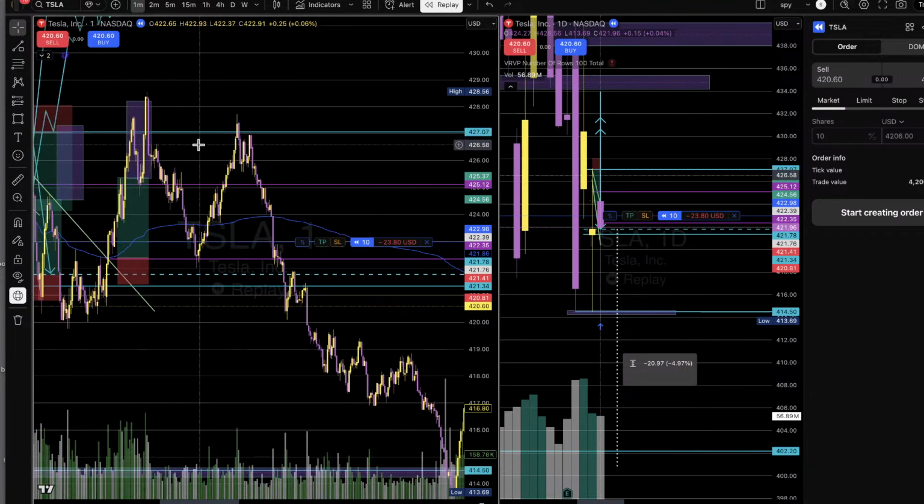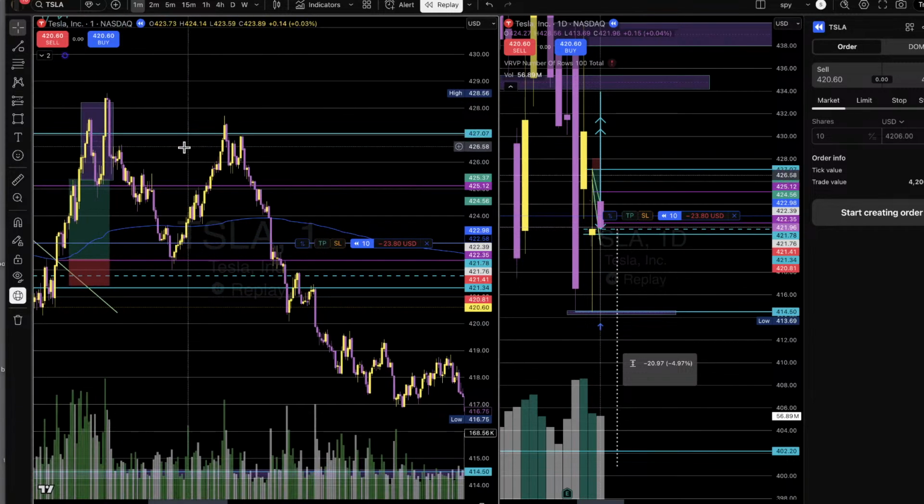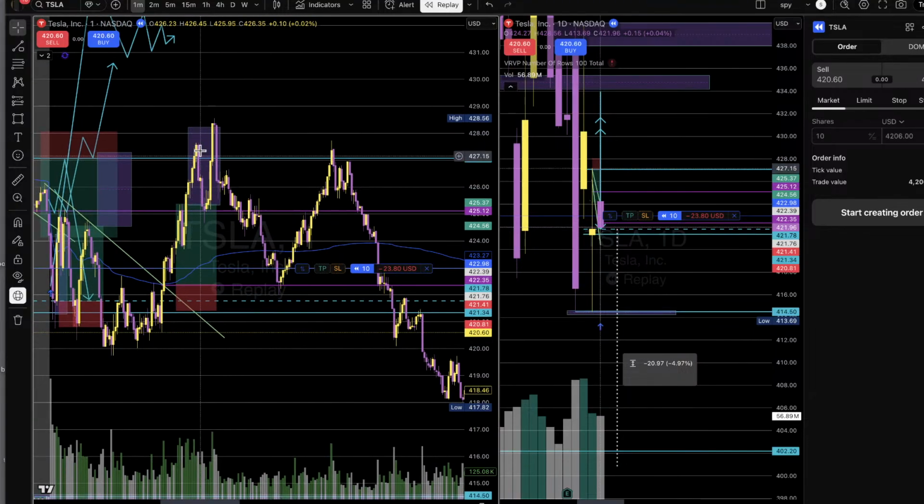Reject, failed to retest. So I guess that's the part where it went up, down, it closed up, it didn't do a retest, so it's like it's failing. Well, we're gonna come back up and fail it again.